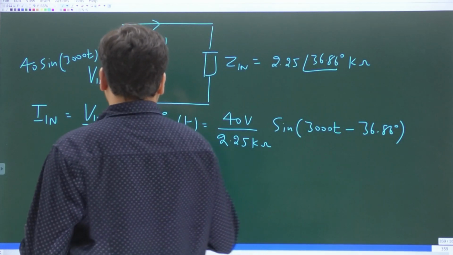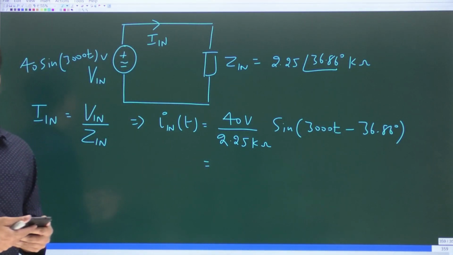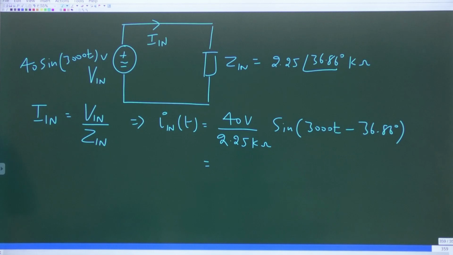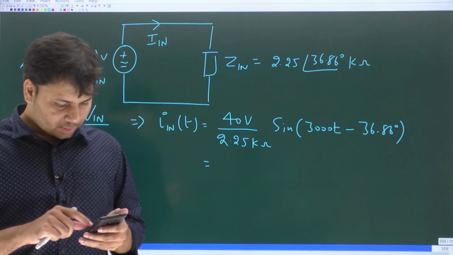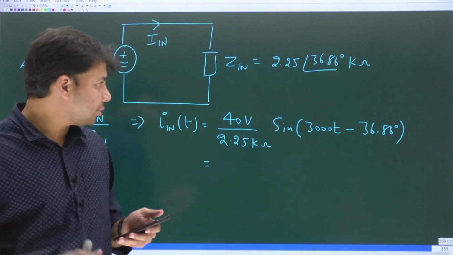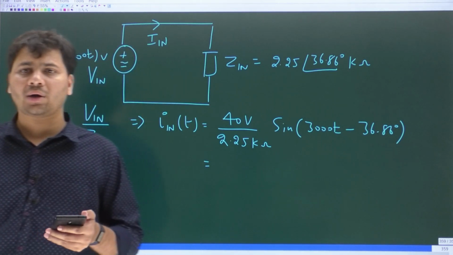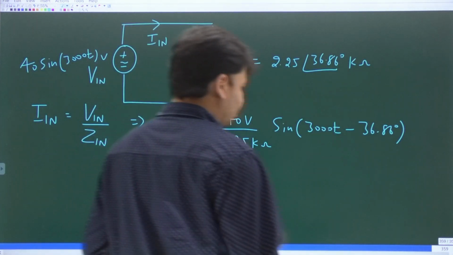What is 40 by 2.25? Is it 2.25 or 2.5? Please check once. What about others? Pooja, Shivasainath, what is the input impedance? Is it 2.25 or 2.5? 2.5, yes.